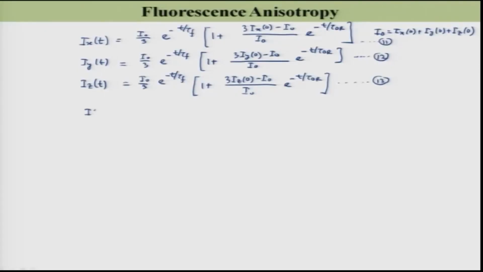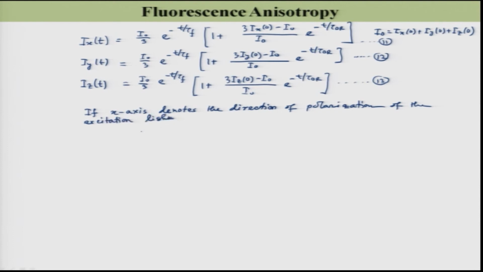So, under that condition, if x axis denotes the direction of polarization of the excitation light, then I x t is equal to I parallel t, and I y t is equal to I z t is equal to I perpendicular t.